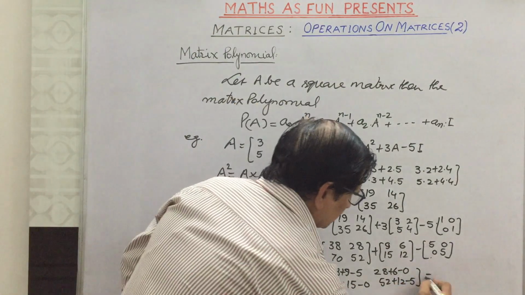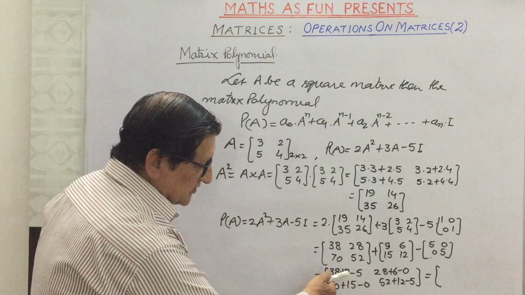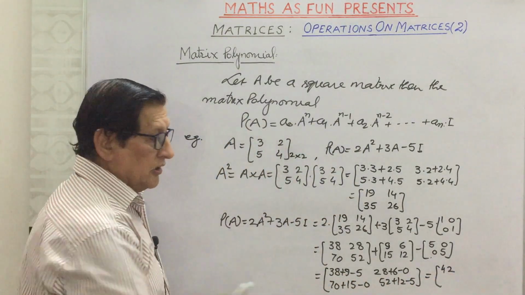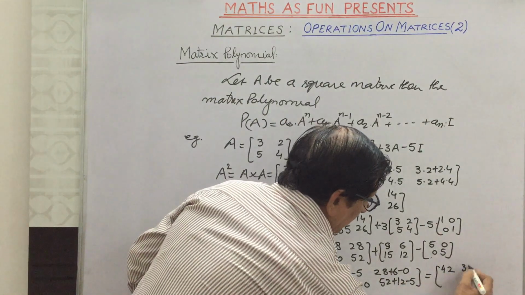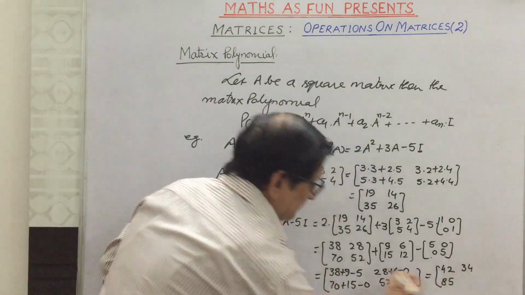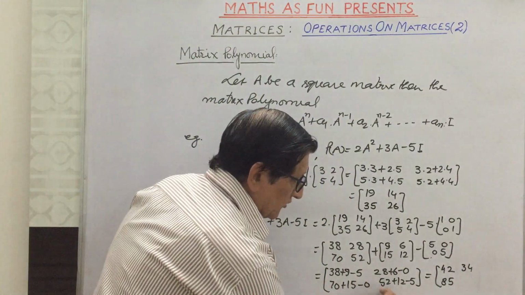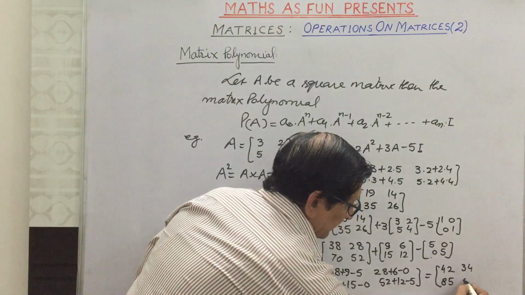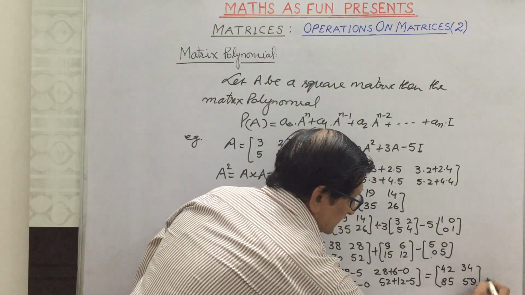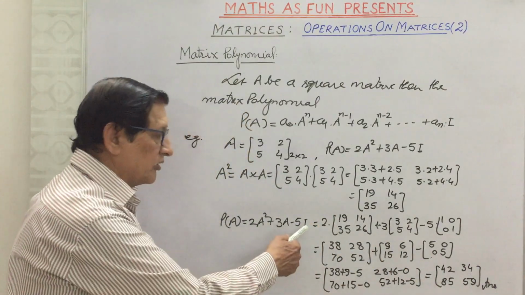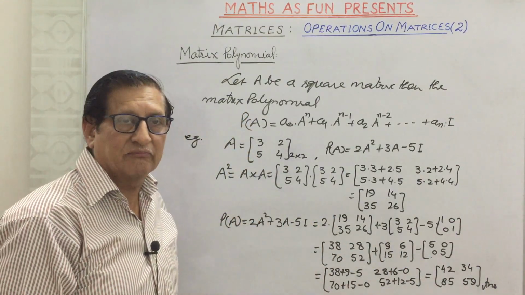And we get the answer: 38 plus 9, 47 minus 5, 42; 28 plus 6, 34; 70 plus 15, 85; and 52 plus 12, 64 minus 5, 59. This is the answer to the problem, that is the value of this particular polynomial in terms of A.